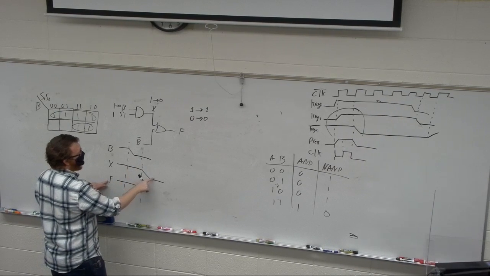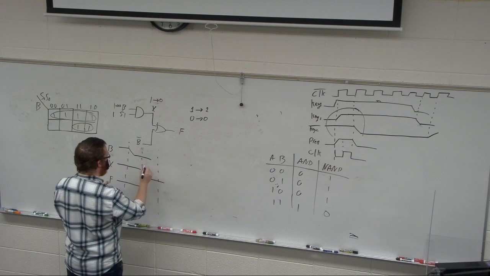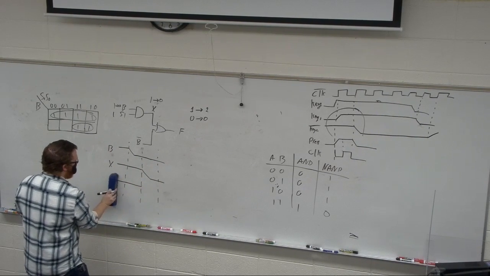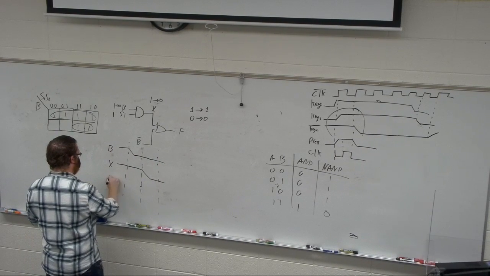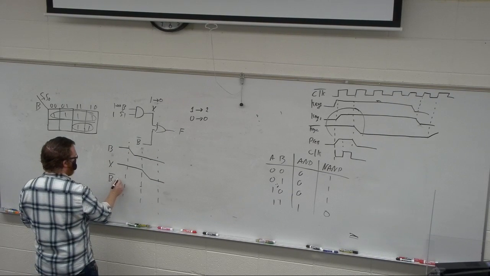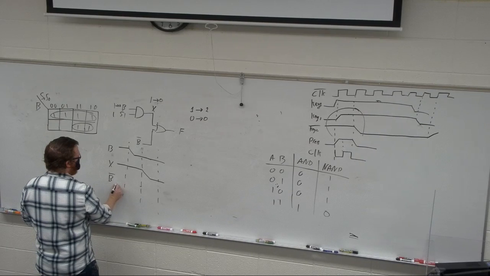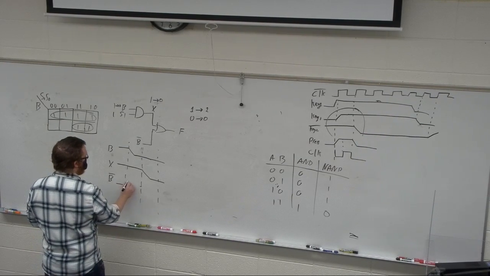This point, I have a 0, 0. Shoot, I need to draw the B bar to make sure I don't screw this up. B bar has no delay.